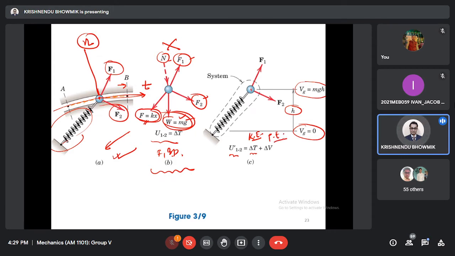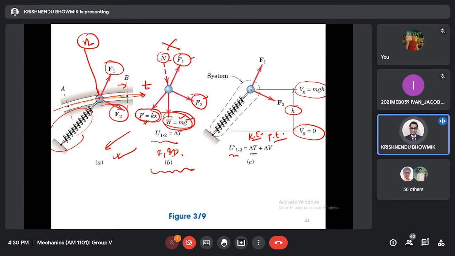If you know the initial and final velocity, then kinetic energy can be calculated. If there is no velocity at the final condition, then it is only potential energy. If you can calculate only the vertical displacement, extension or compression, h positive or negative, then work done can be calculated easily.